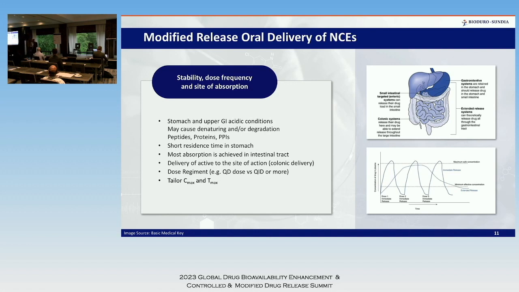But what is happening is that at these early stages of development, we don't have hundreds of grams of drug available. So our approach is to develop a peptide for oral delivery, or a protein or enzyme, with a minimum amount of drug available. That is when miniaturization is going to be needed.